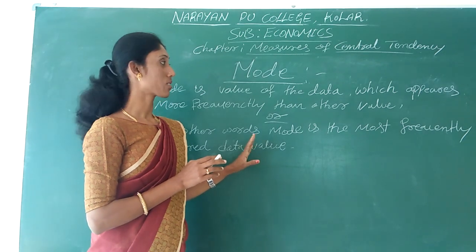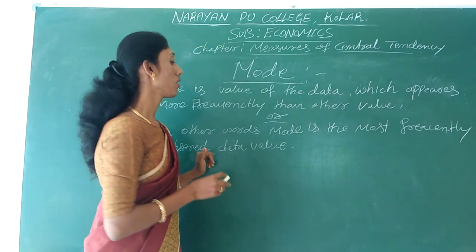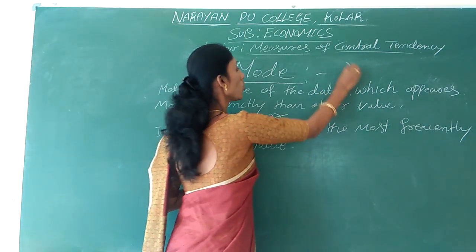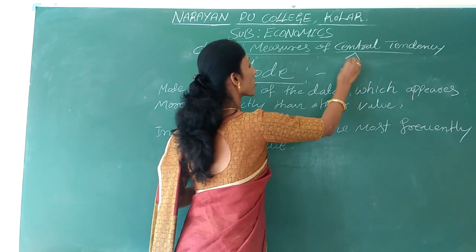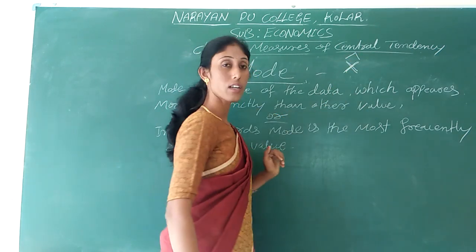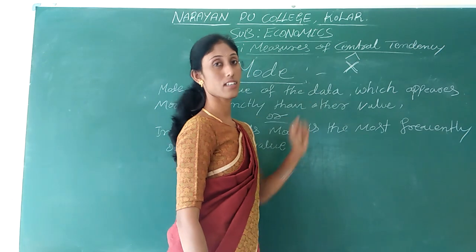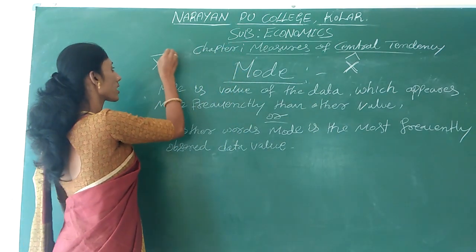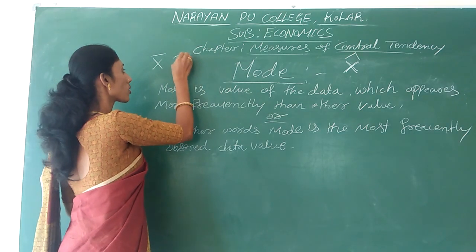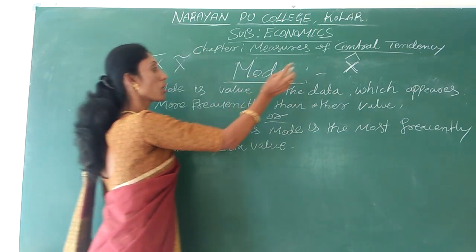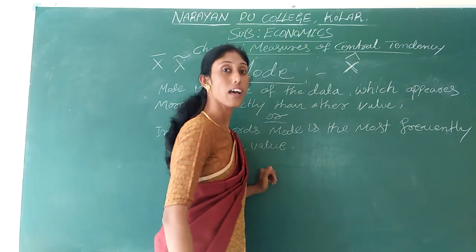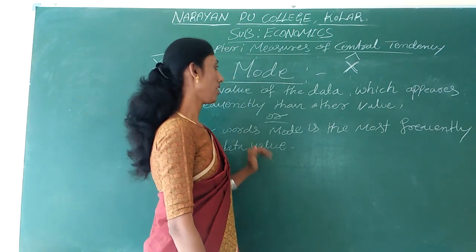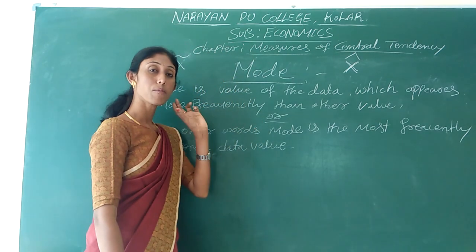They will ask for 1 mark or 2 marks, and mode will be denoted by X hat. You understood, right? Arithmetic mean is denoted by X bar, median is denoted by X lambda, and mode is denoted by X hat.